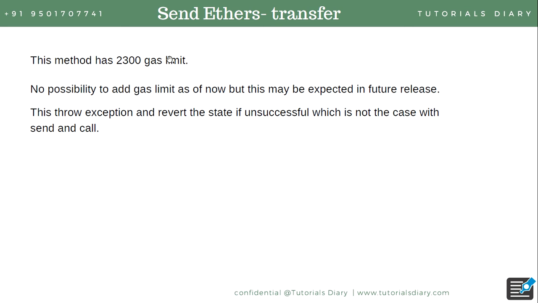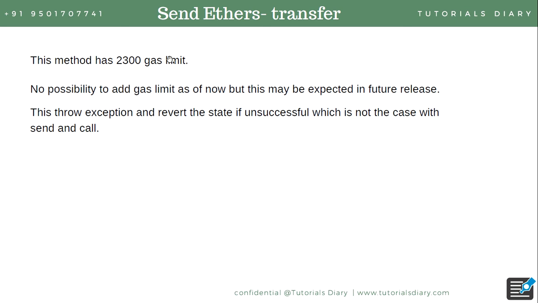Whenever you use this transfer function, in case it is unsuccessful for any reason, what it will do is throw an exception and revert the state, which is not the case with send and call. So you need not do anything extra from your side. This is an inbuilt functionality of the transfer function.